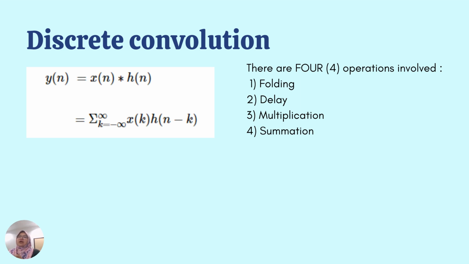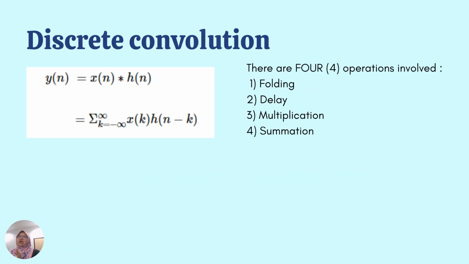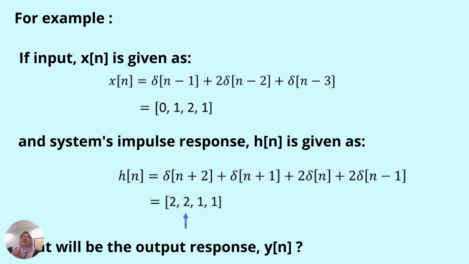Alright, so there are basically 2 ways of doing convolution lah. So basically direct convolution or kita buat secara summation. So kalau kita tengok dekat sini, okay, for example, you are given 2 sequence of numbers, okay? Sebab kita punya the input and the system response is always represented with a sequence of numbers, and so x n equals to 0, 1, 2, 1.